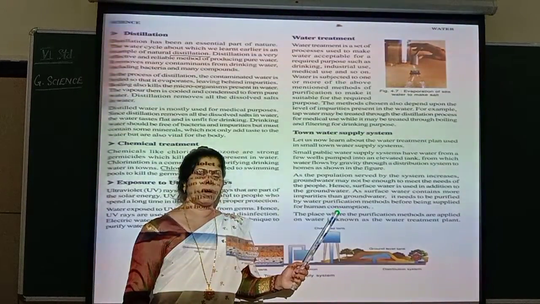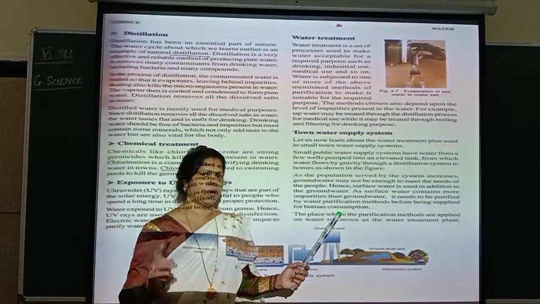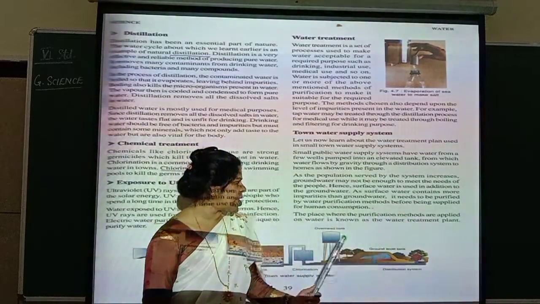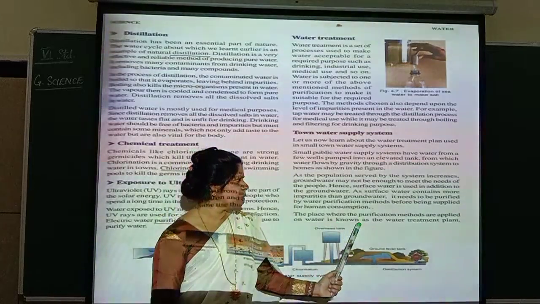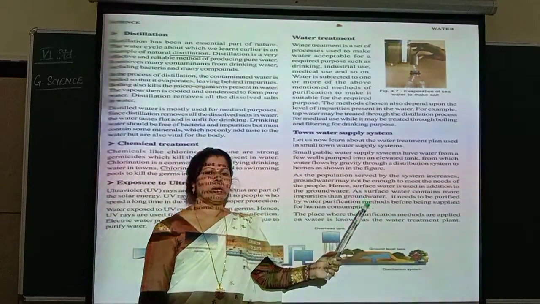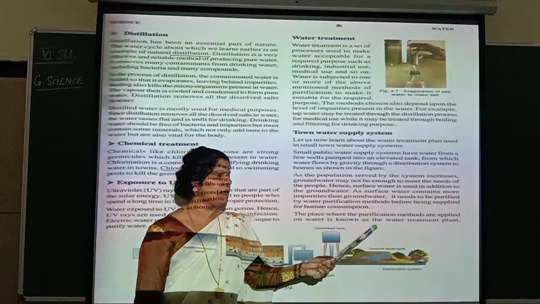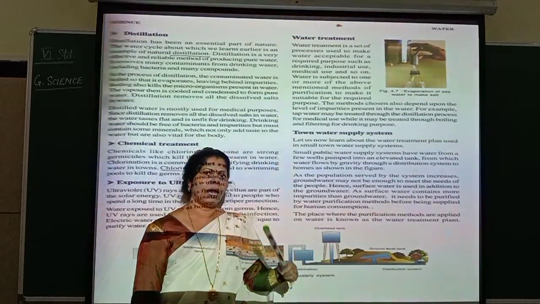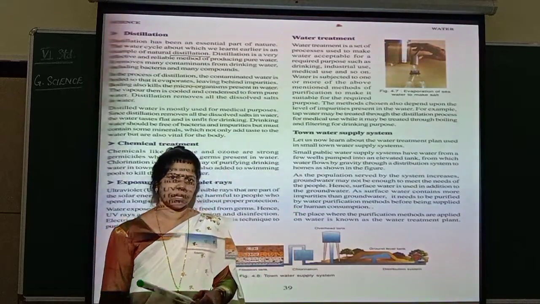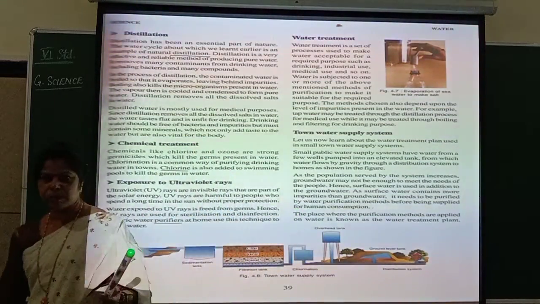What has to be done? It has to be purified. The place where the purification methods are applied on water is known as the water treatment plant. Water will be treated and purified, and then it will be sent to your houses through pipes and taps.